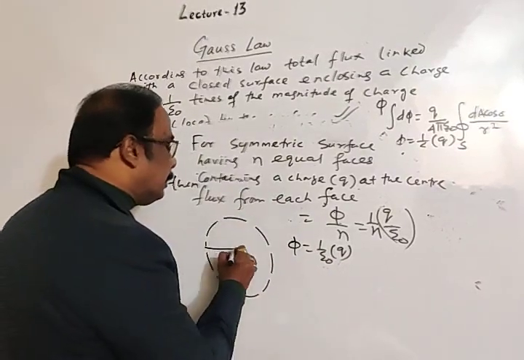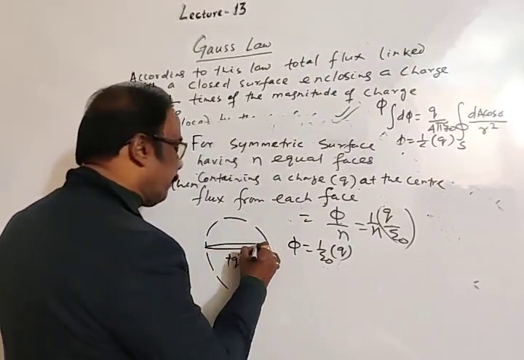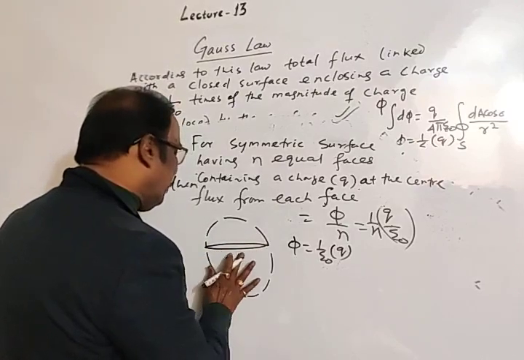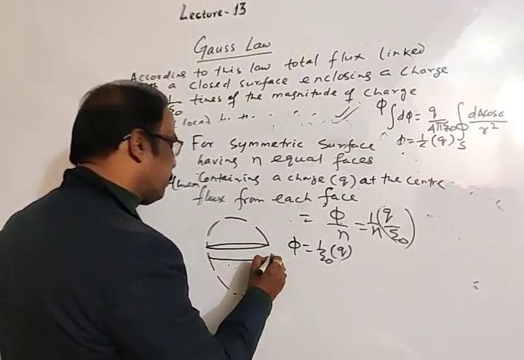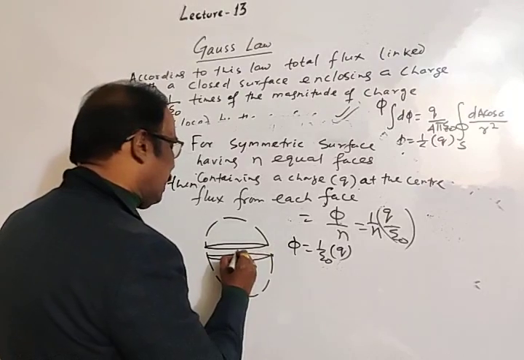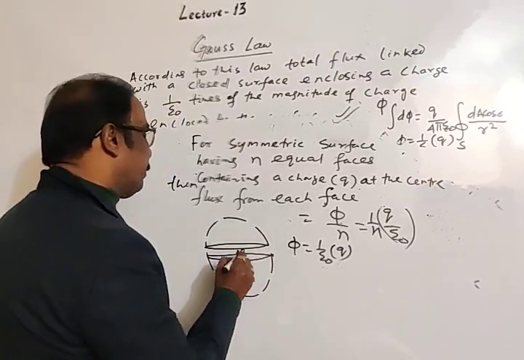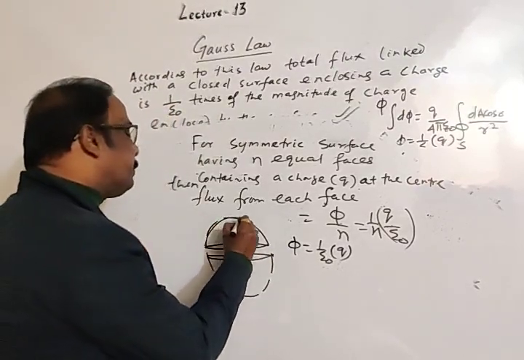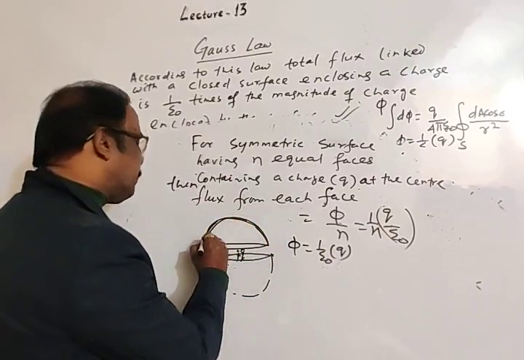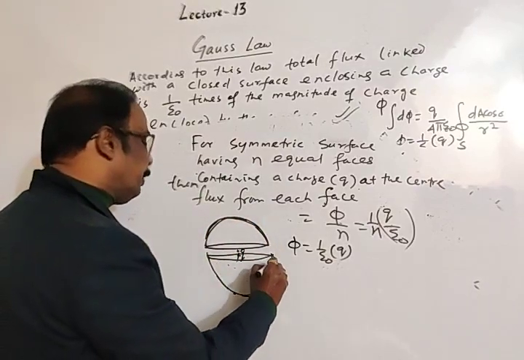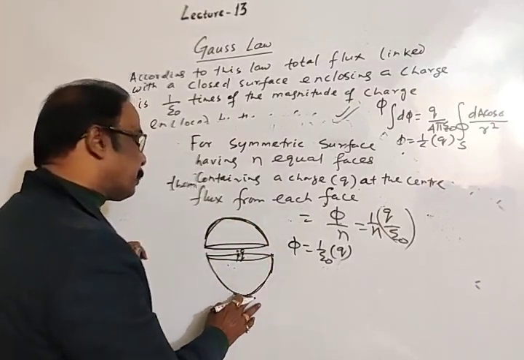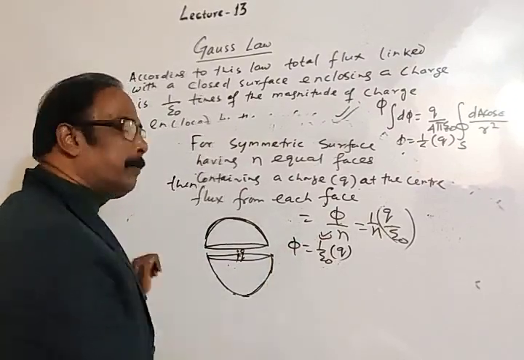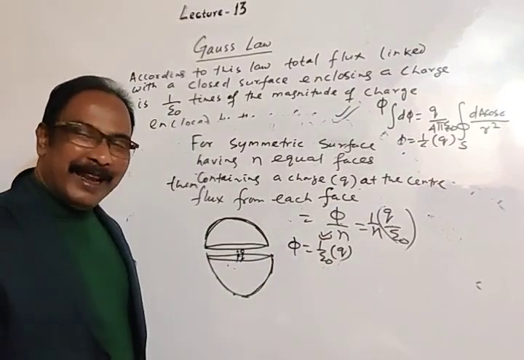Now let's imagine this sphere is divided into two parts. Charge is at the center of the sphere. Then this is a hemispherical surface, and this is another hemispherical surface. Total flux is q divided by epsilon naught.